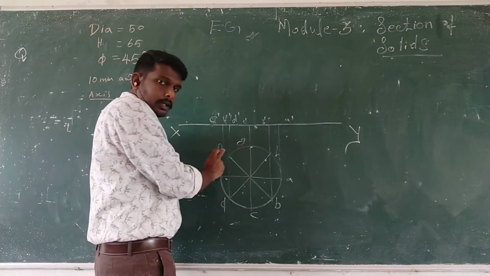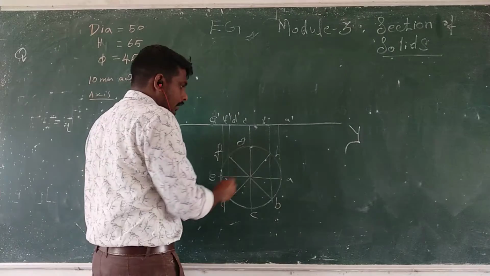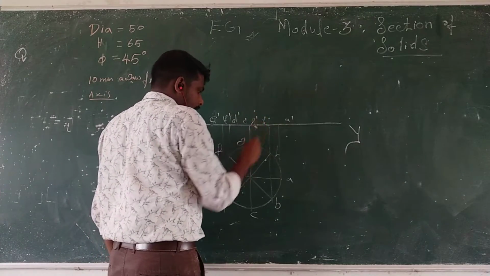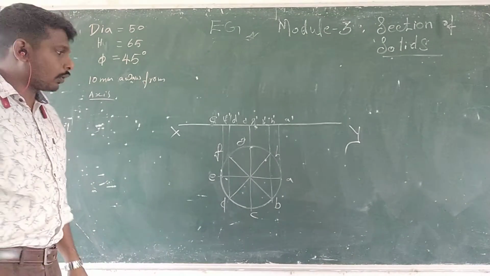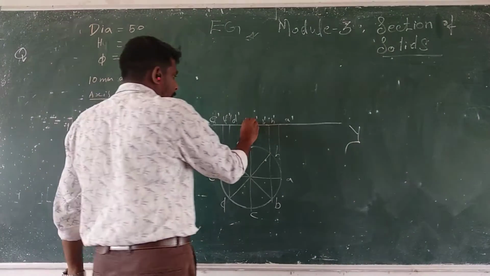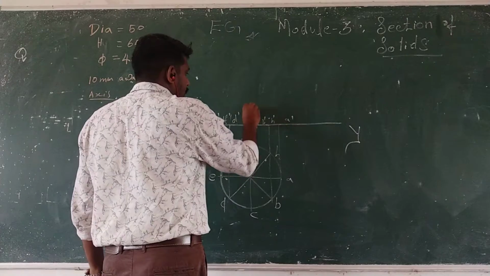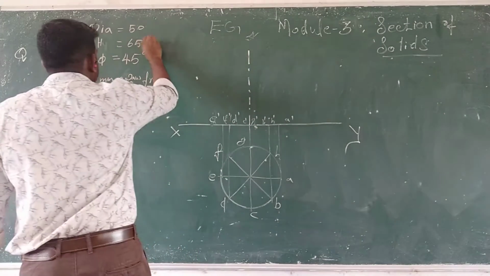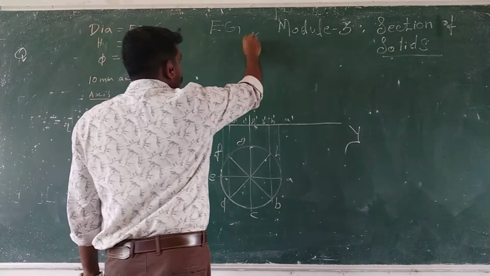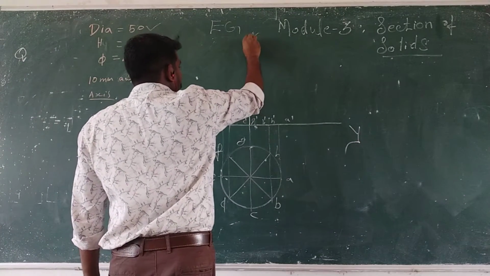So it is in bracket, then G dash also in bracket, then H dash. We project all the points to the front view, then complete the front view and draw the axis, that is the height given as 65 mm.